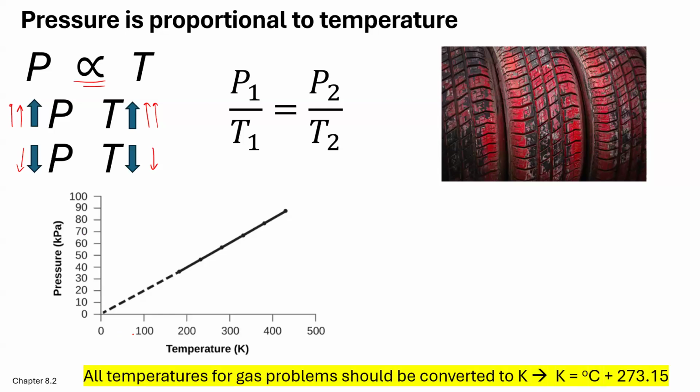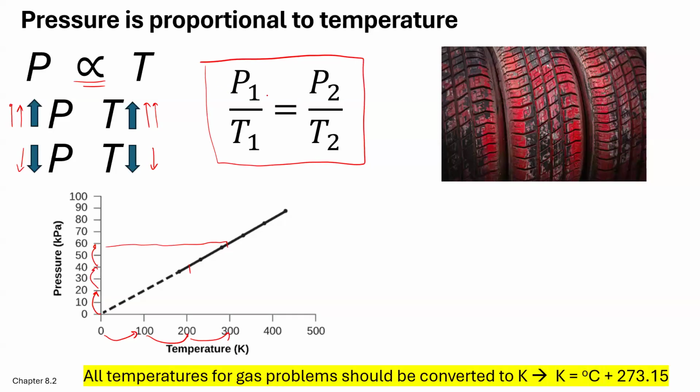And this graph shows it here, right? As we're increasing from, let's say, 0 to 100, we increase from 0 to 20. 100 to 200, we go from 20 to 40, 300, that puts us somewhere over here, maybe close to 60, right? So as temperature goes up, our pressure goes up. And this is the equation we're going to use for anything that has pressure and temperature.